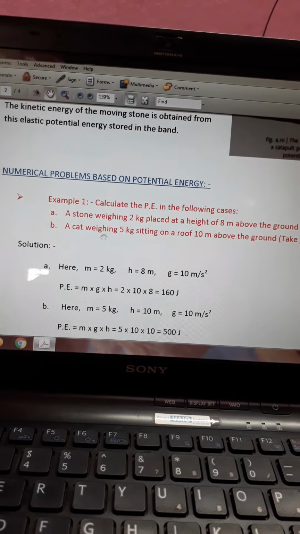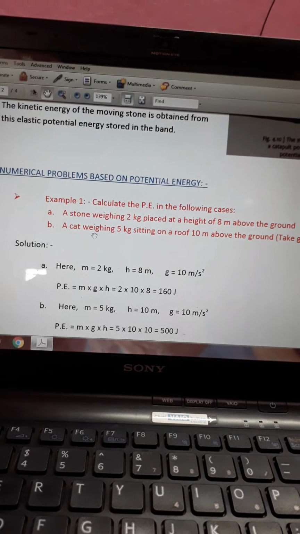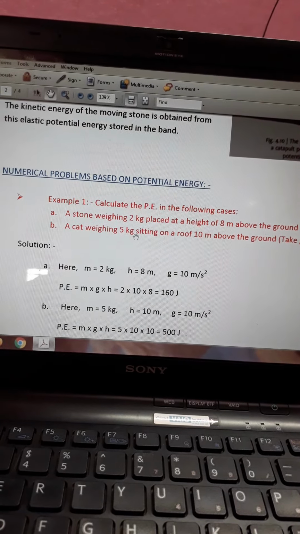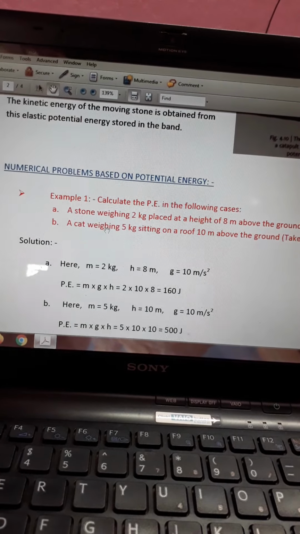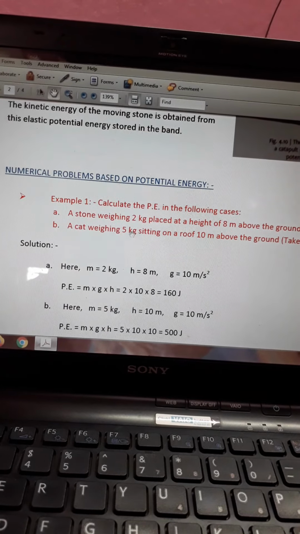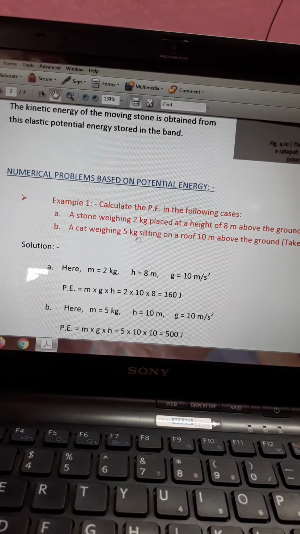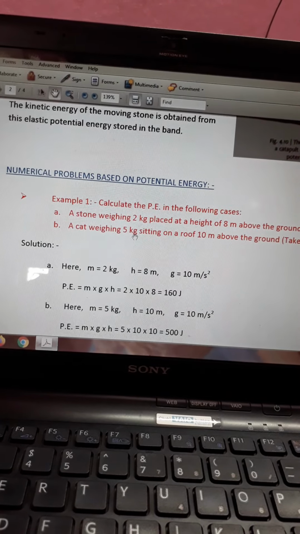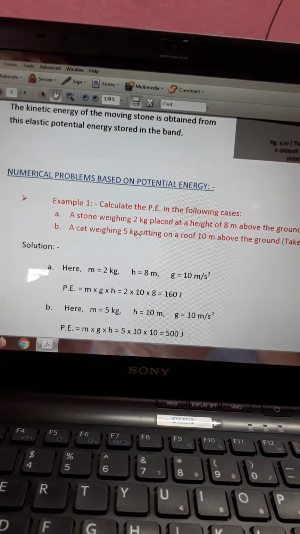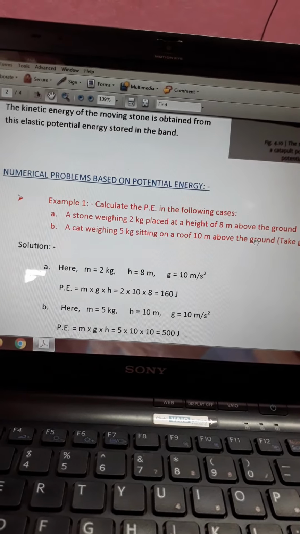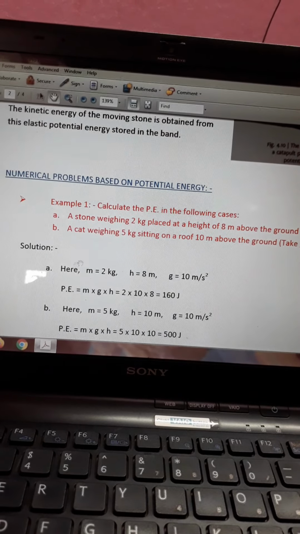In the second problem also, the cat weighing. Look at this unit. Here it is written weighing, but it is not that weight, it is not that m is m into g. It is actually the given mass, because when we multiply mass with acceleration due to gravity, we get weight.